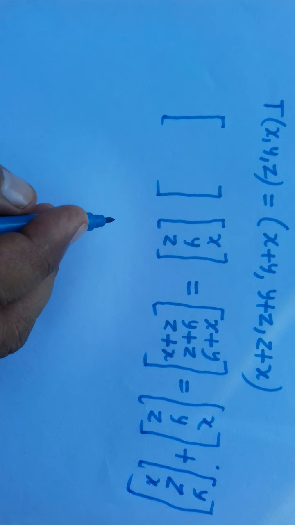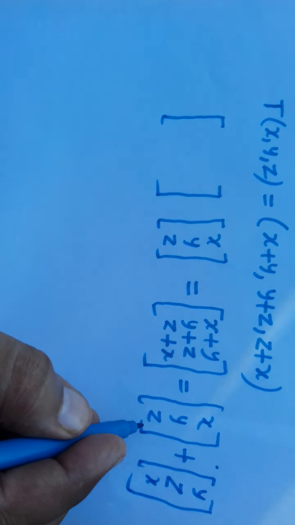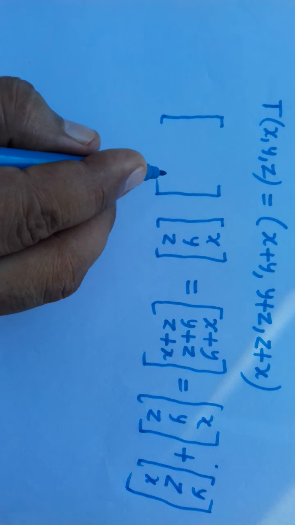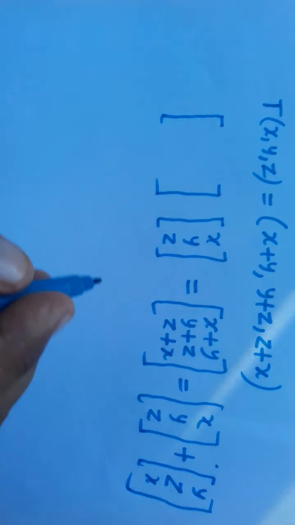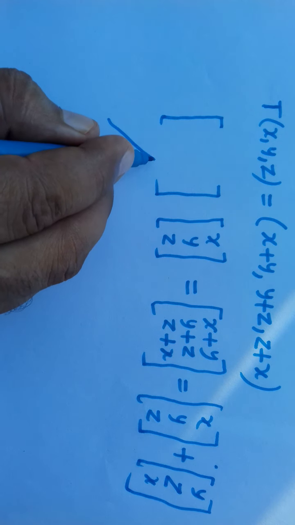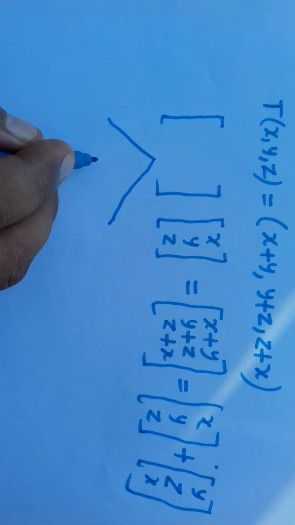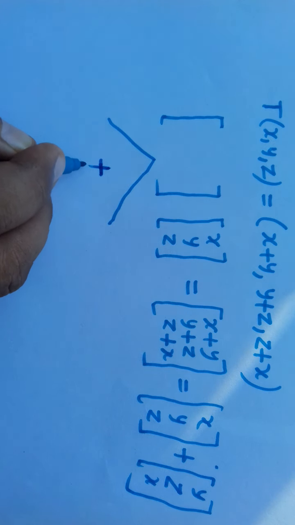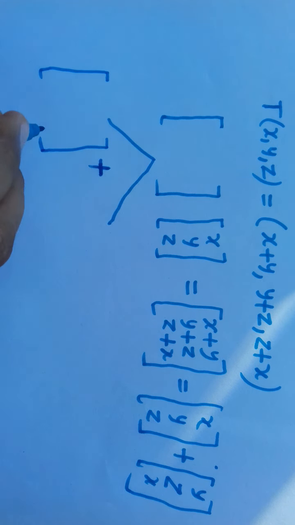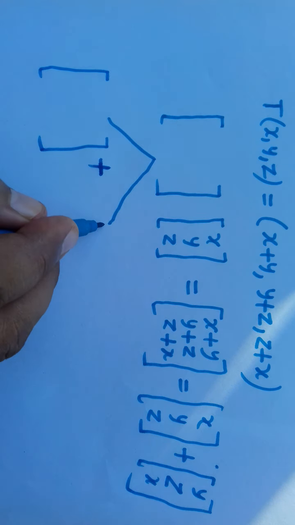So for each part we can divide this matrix. Suppose this matrix is a part 1 plus a part 2.